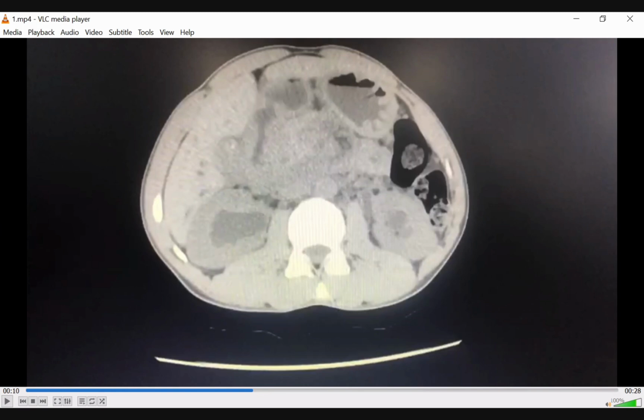There's something wrong with the patient's body, something wrong with technique. Why is it all grey? Absolutely no differentiation between tissues, just looking at grey. Anybody else?